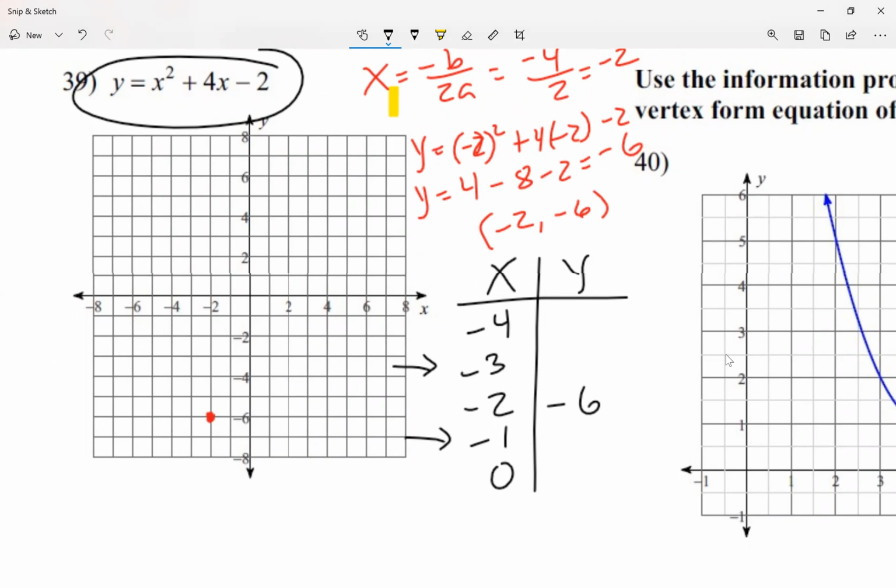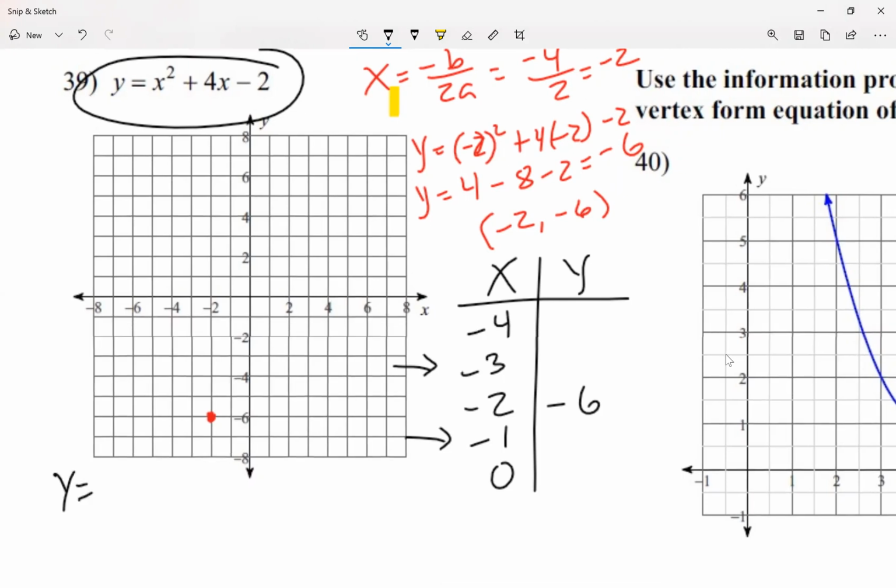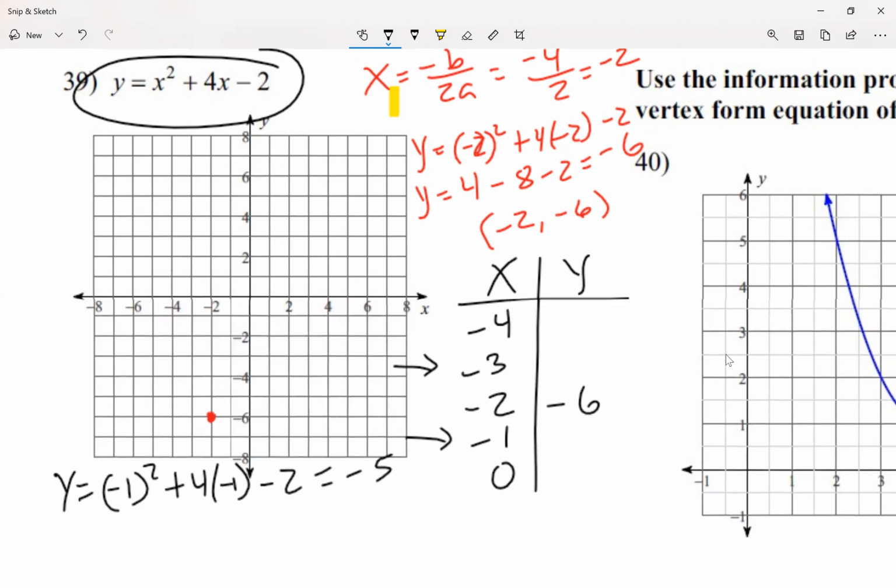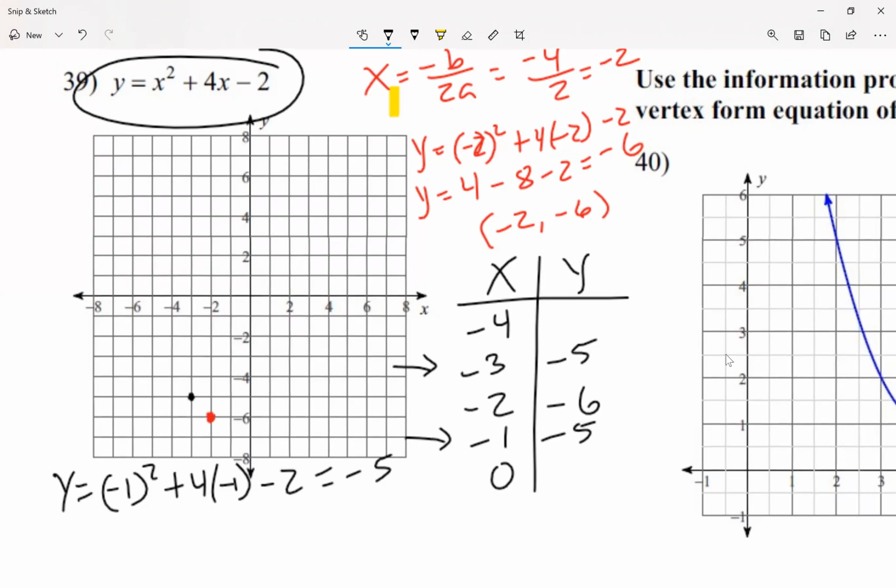So I'm looking at y equals negative 1 squared plus 4 times negative 1 minus 2. And I get negative 5. That's my answer. So I'm going to get y values negative 5 right here. That gives me these two new points.